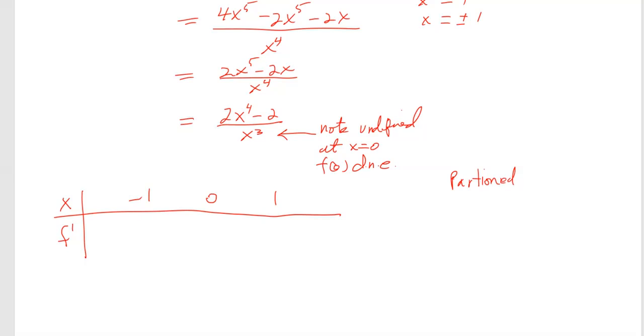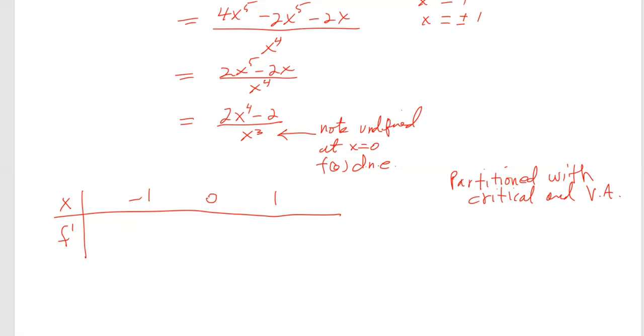Partitioned with criticals and vertical asymptote location.